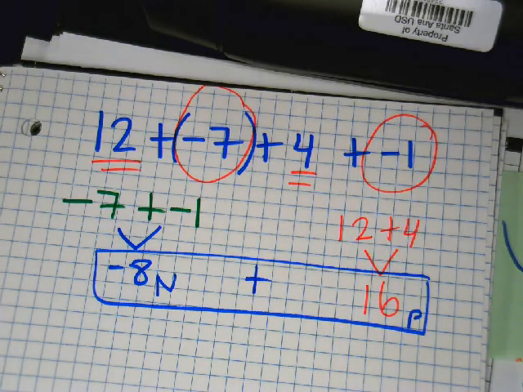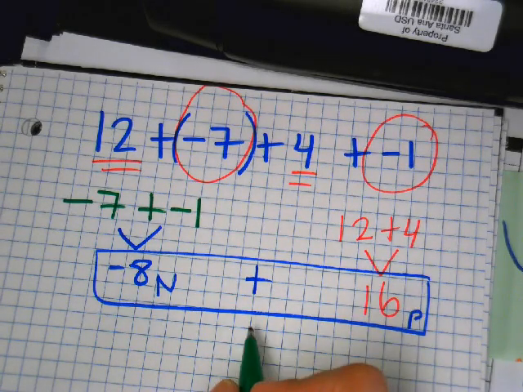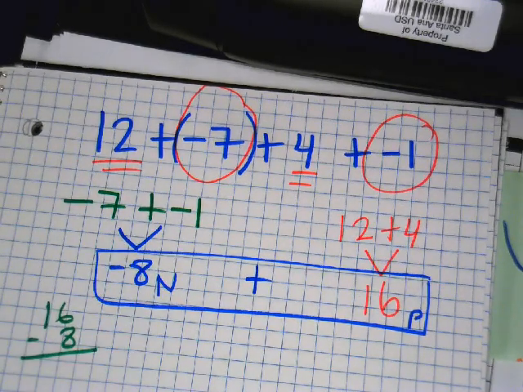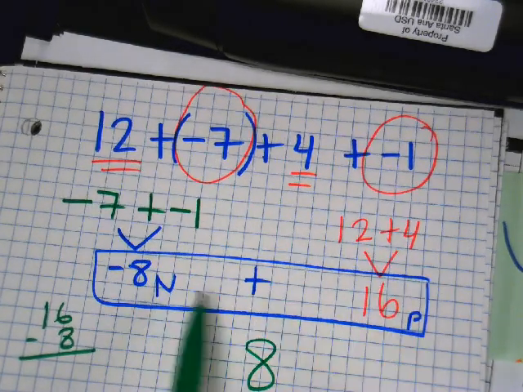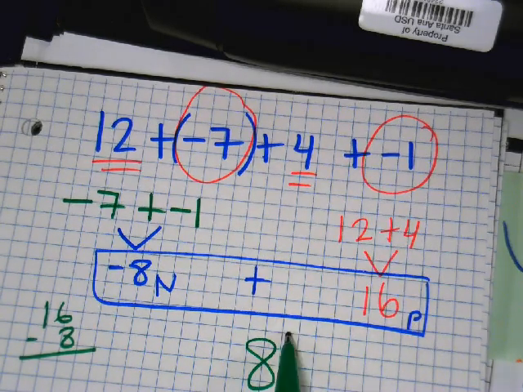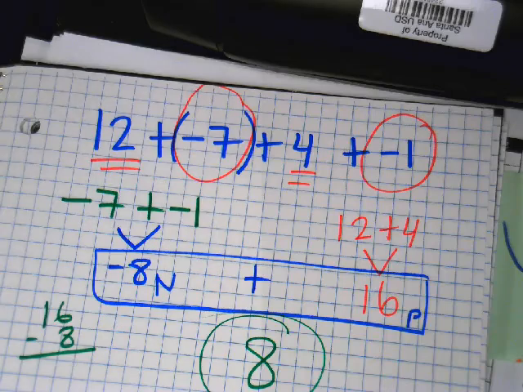Different, so you're going to subtract. If they're different, subtract. What's 16 minus 8? 8. Do you have more negatives or more positives? More positives, so my final answer is positive 8.